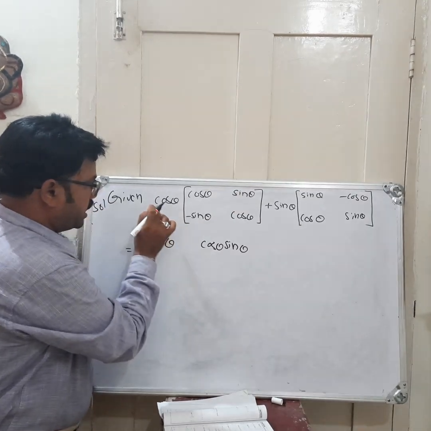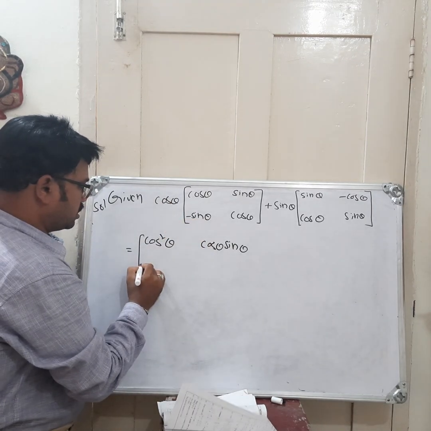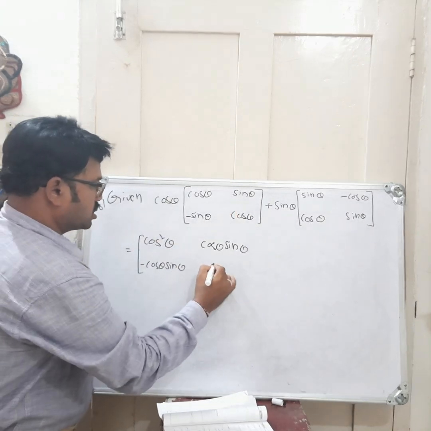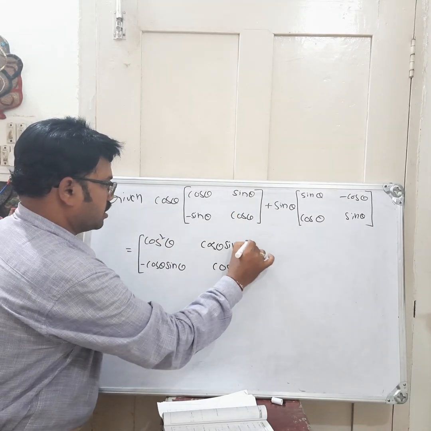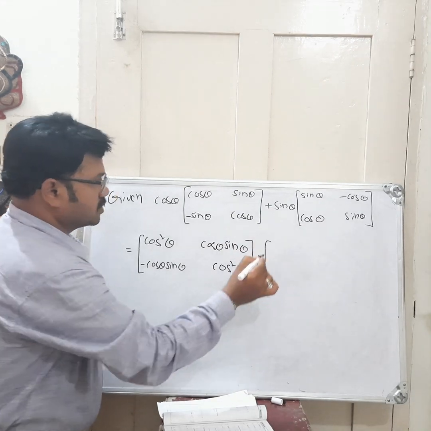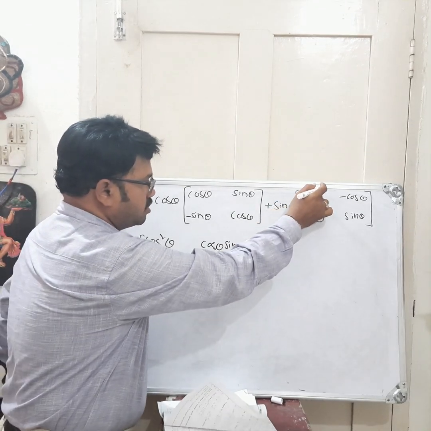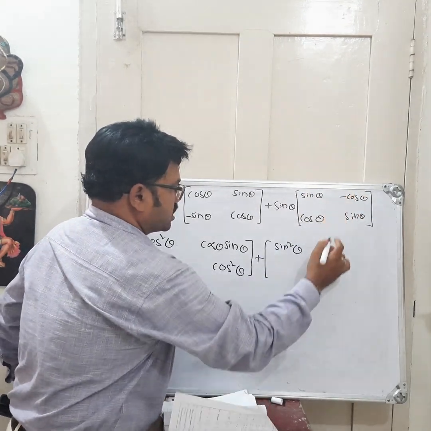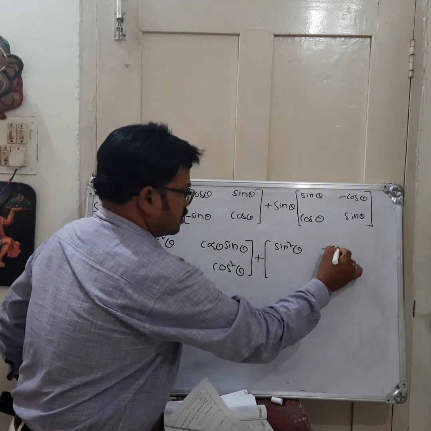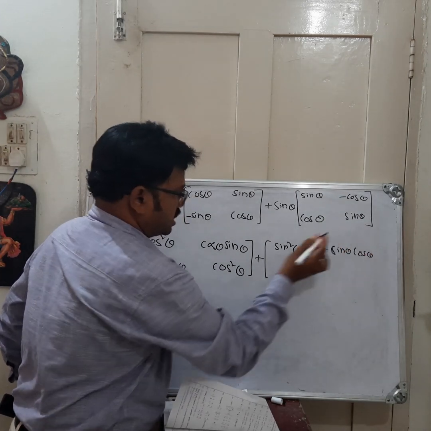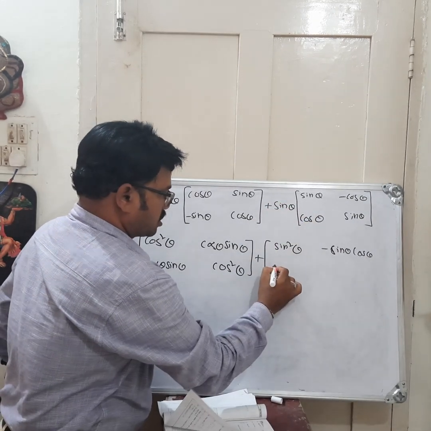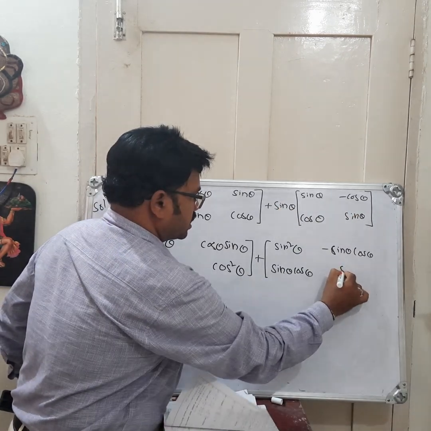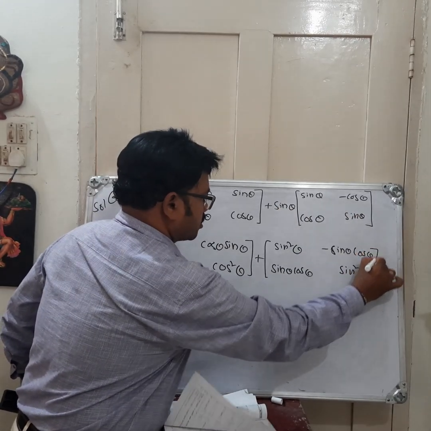Next cos theta into minus sin theta is minus cos theta sin theta, and cos theta into cos theta is also cos square theta. Plus sin theta into sin theta, the product is sin square theta, and sin theta into minus cos theta is minus sin theta cos theta, and next sin theta into cos theta is sin theta cos theta, and sin theta into sin theta is sin square theta.